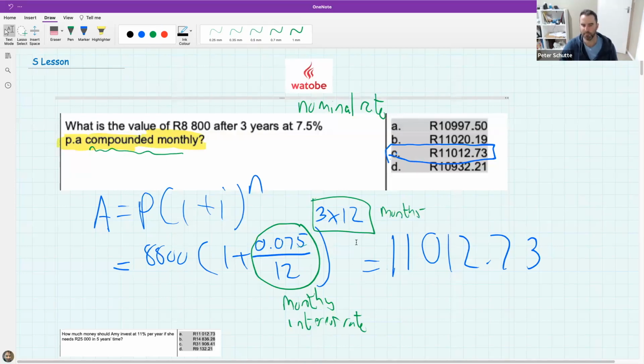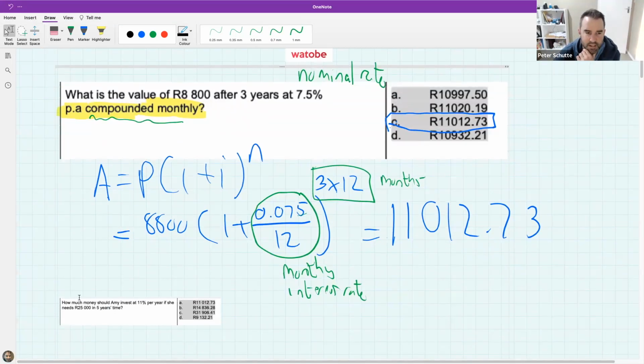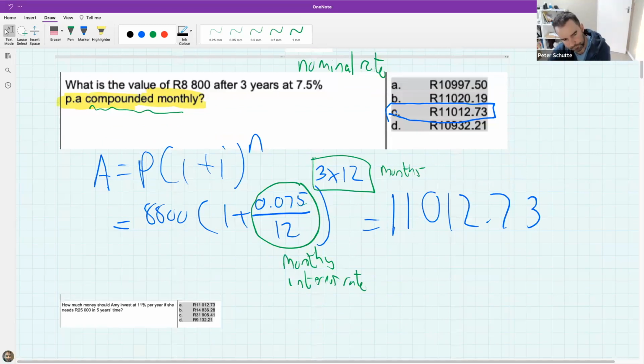So give me a thumbs up if that part, the dividing by 12 and the timesing by 12, makes sense in relation to the compounded monthly. It's an important idea. It's one of the main ideas that we want to make sure we absolutely nail down today. All right. Well, then let's go to a next question.